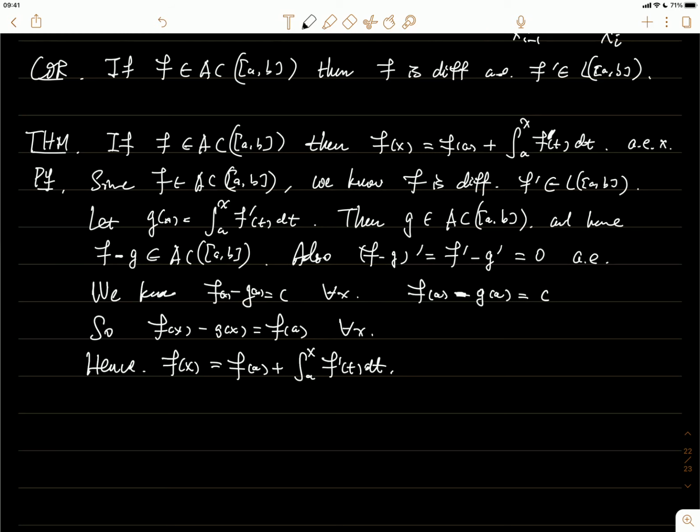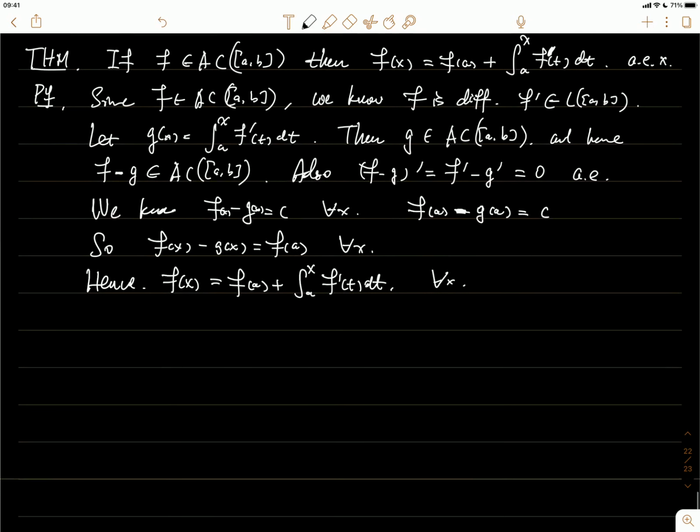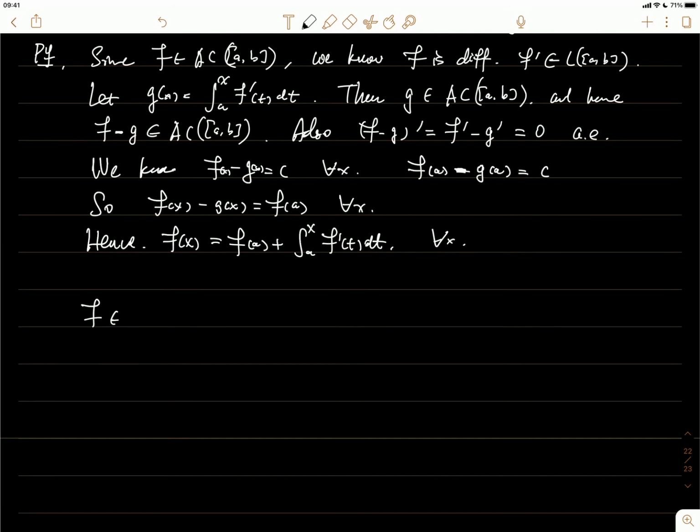And so we have that for all the x. Okay, so that finishes the proof. So now we know that the function f being in AC is the necessary and sufficient condition for the fundamental theorem of calculus to hold.